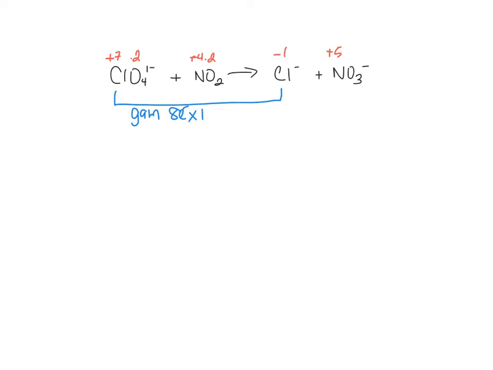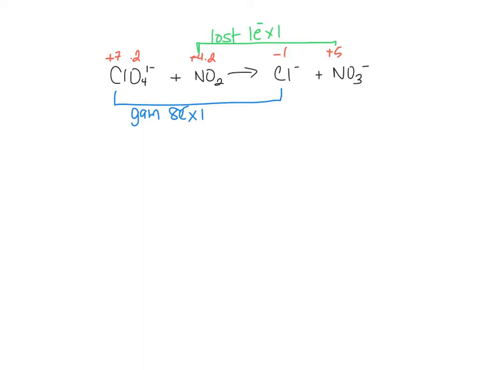Then we're going to do it for nitrogen, the other one that changed. Nitrogen lost, because it went from +4 to +5, so you had an increase in oxidation number, and it only lost 1 electron, and the subscript on both is 1. So chlorine gained a total of 8, nitrogen lost a total of 1. So we have to now calculate the simplest whole number coefficients to balance the number of electrons transferred.